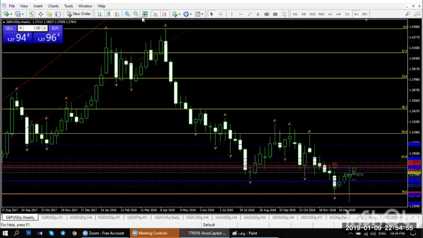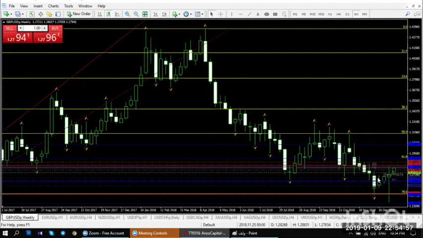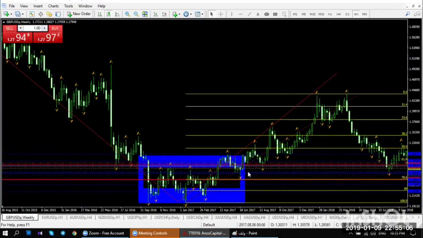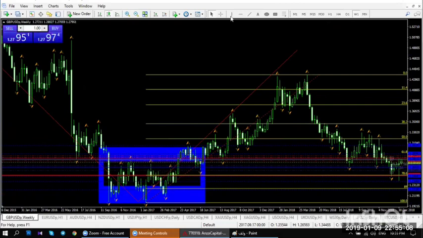You see, in the weekly candlestick here, we have a decline. And in the past, we've had a shadow pivot in this area.